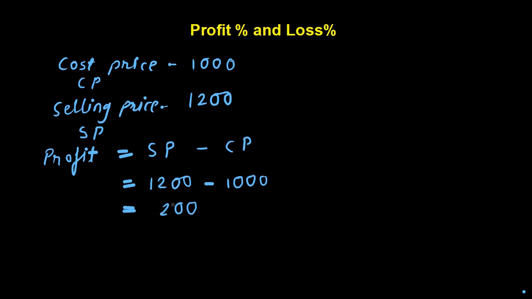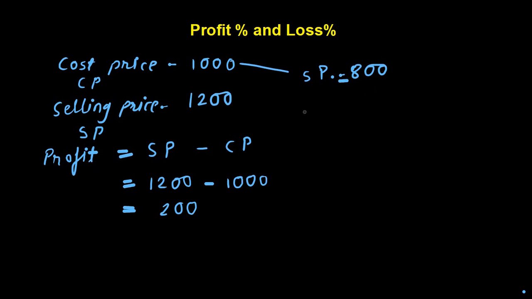Until here it's very simple. Loss also, for example, the same toy. Now he bought it for 1,000 and then he sold it for 800. Can you still call it a profit? No, because he spent 1,000 rupees and after selling it he got only 800.